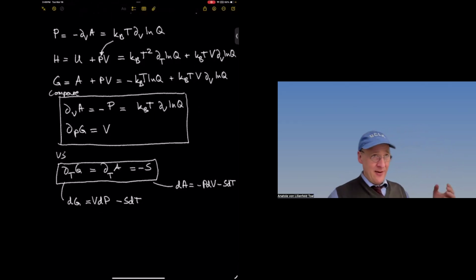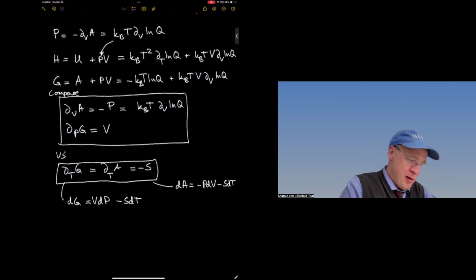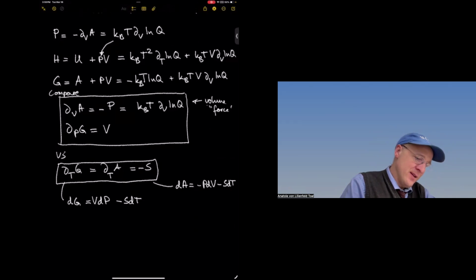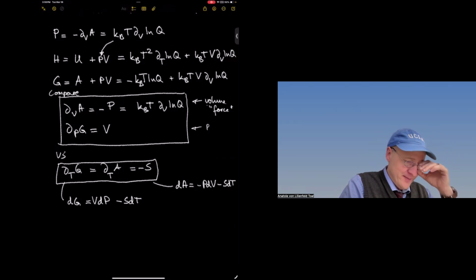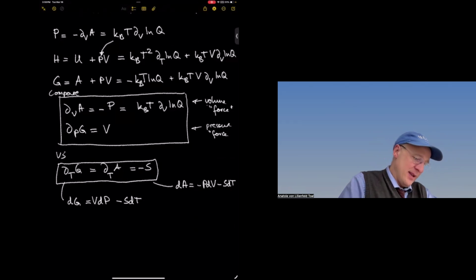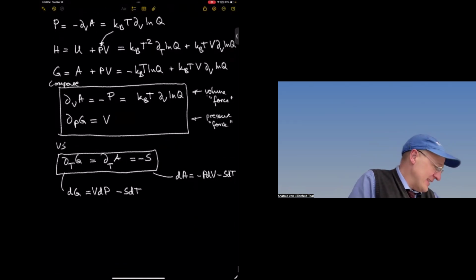So there's another force, right? Your pressure is your volume force, right? The volume is the pressure force. Entropy is your temperature force. And then there's another force.